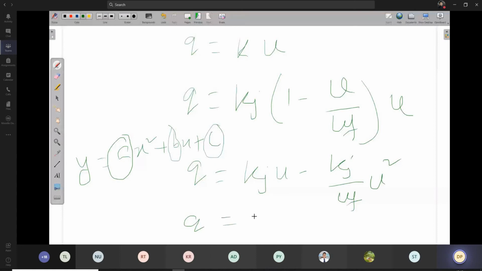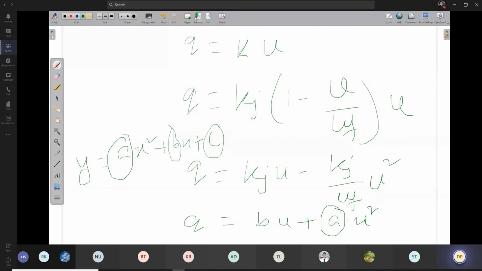So this is a kind of bU and this is a kind of aU square. This is the form. C is not here. Here a means minus Kj by Uf, and b means Kj. So this is in this form.